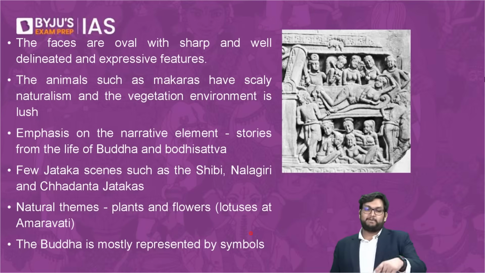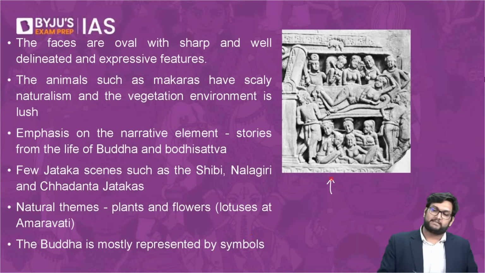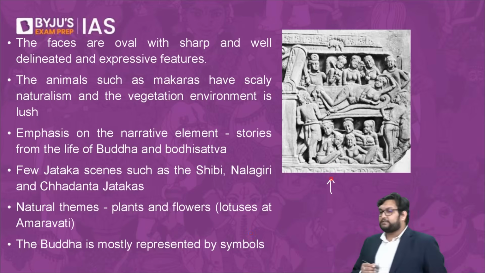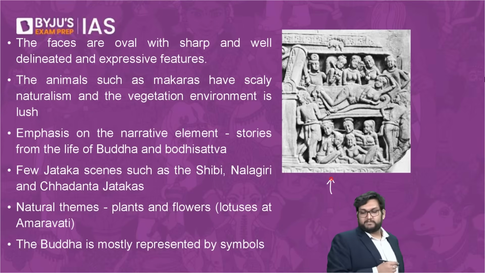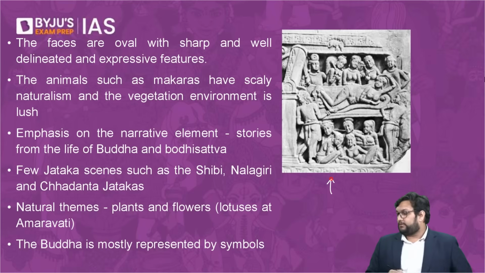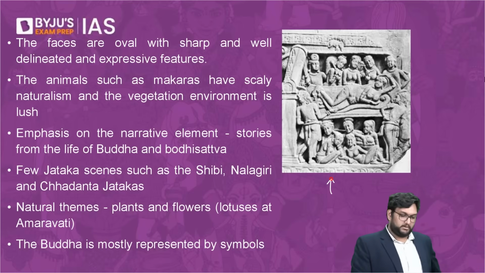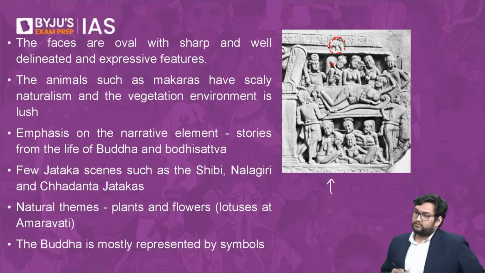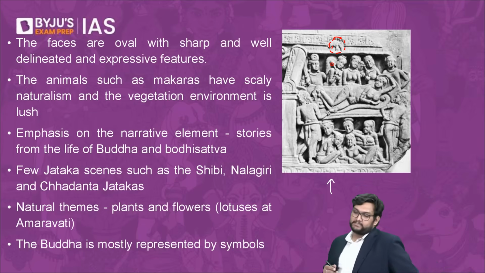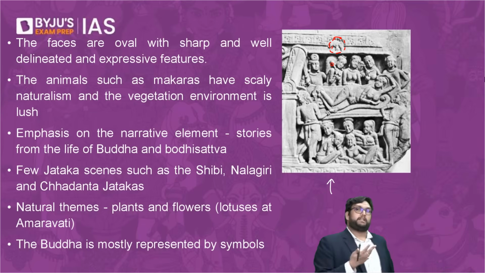Can anybody tell me in this image where is Buddha and his symbol? This is the birth of Buddha, Maya scene. Where is Buddha? Very good. The elephant shown here. So the elephant represents how Buddha is going to now take birth.